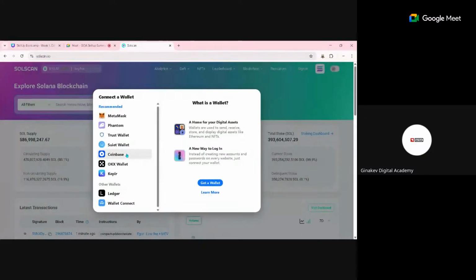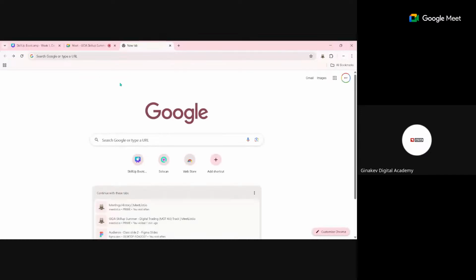It's like you have to connect your wallet now in this Solana. It didn't used to be like this before. Let me see. Okay, let me just use another email.